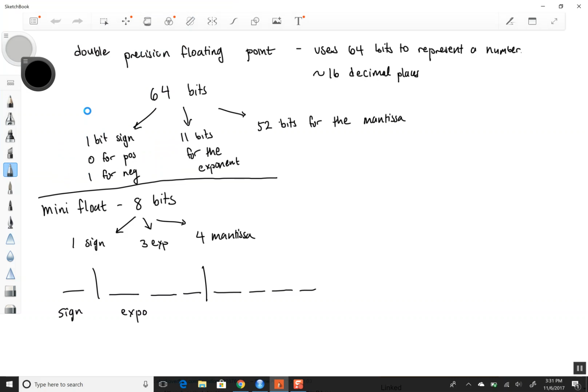We have the exponent here and the mantissa right here. Okay, so same kind of idea here.